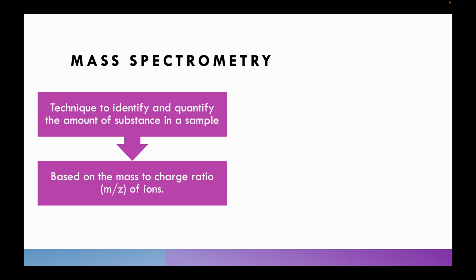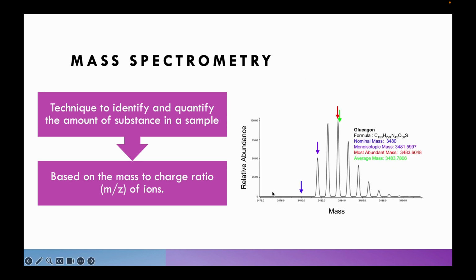Suppose we are talking about a sample in which you want to identify whether an enzyme is present or not. Suppose we are talking about glucagon. Glucagon is important for producing glucose, and if you don't have glucagon present in your body, then some people can have a deficiency of glucose, like hypoglycemia.